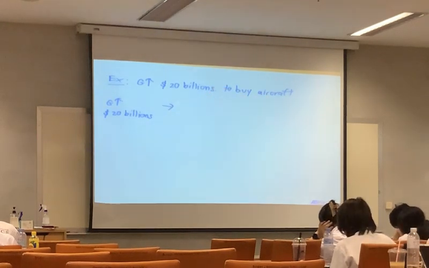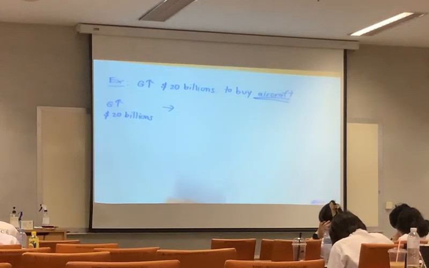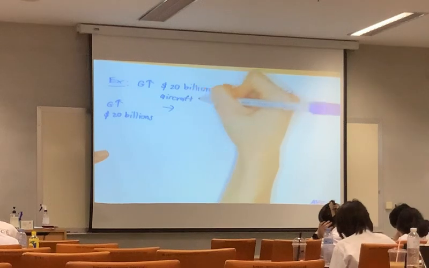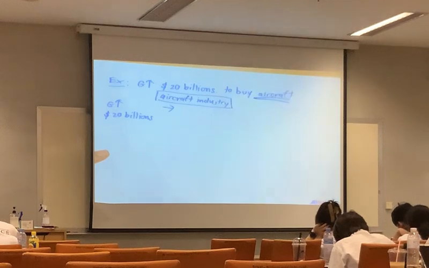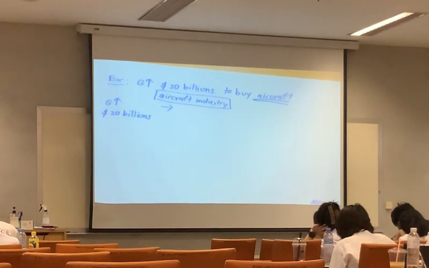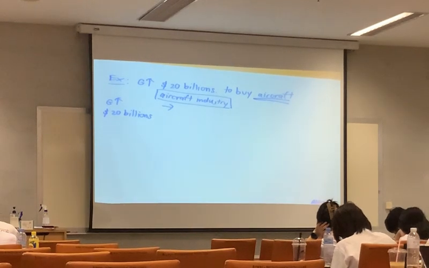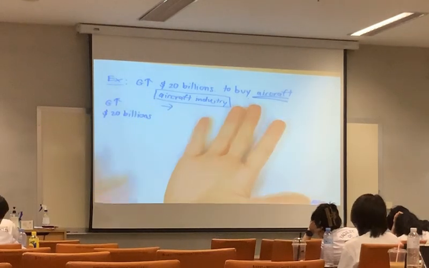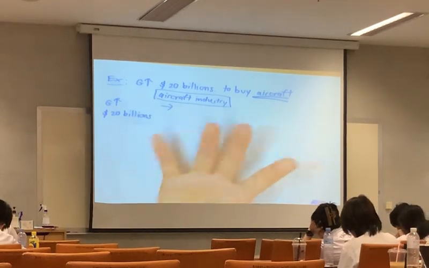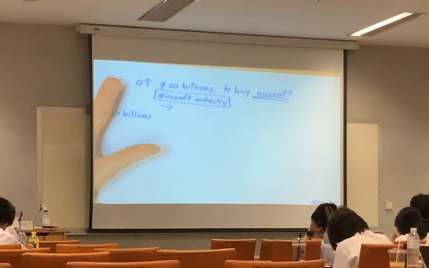The money goes to the aircraft industry. The slide doesn't explain in detail how to explain multipliers, so I just use this opportunity to explain it myself. So G increases, and the money goes to the aircraft industry. For example, I have an aircraft industry, I get the money from the government because they want to buy my aircraft.